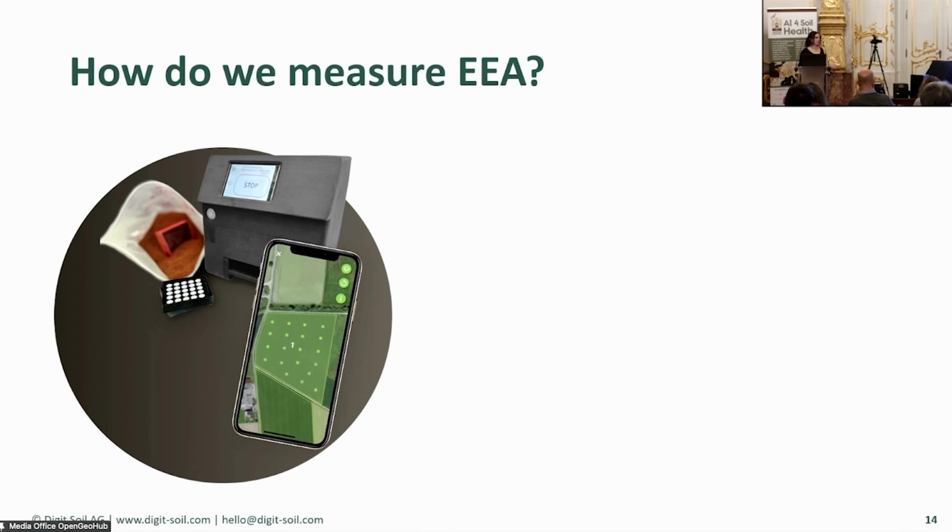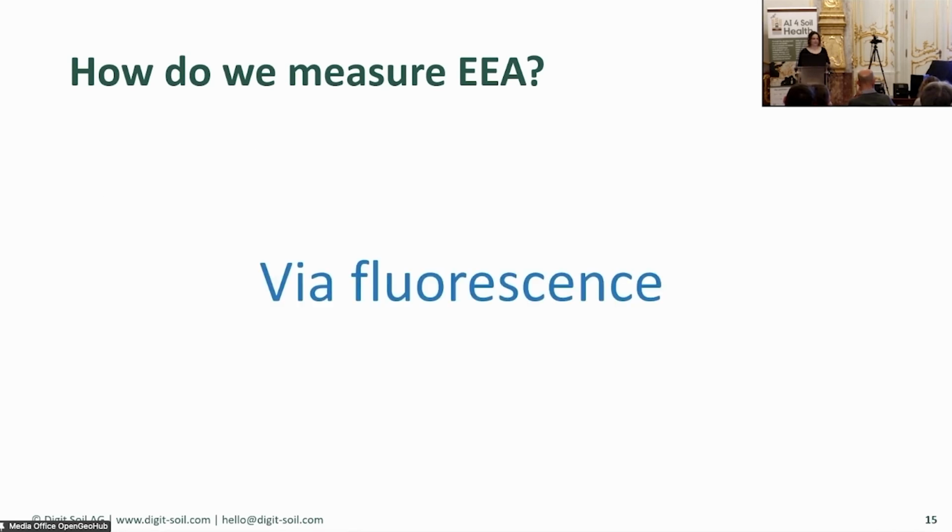So now you know what we measure and why we measure, but the question is, how do we measure enzyme activity? We do this with fluorescence. There are certain molecules that, if you excite them with light of a certain wavelength, emit fluorescence.